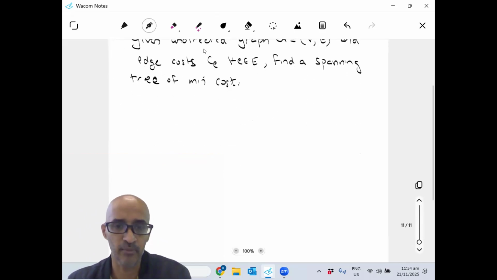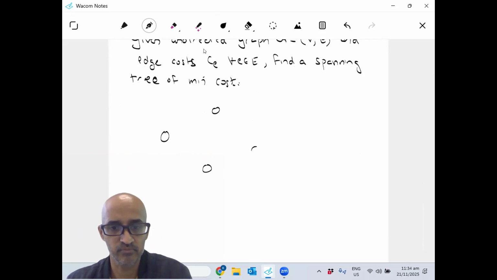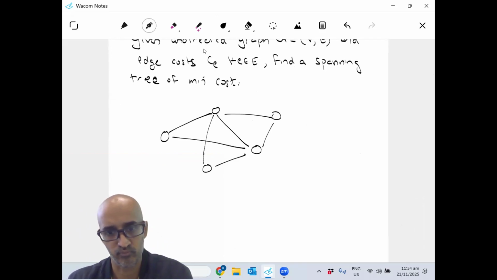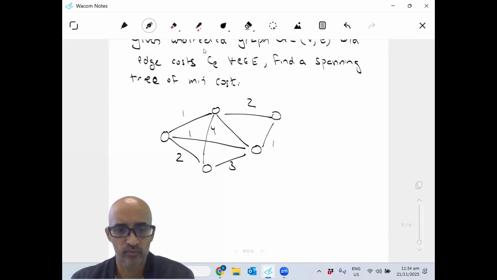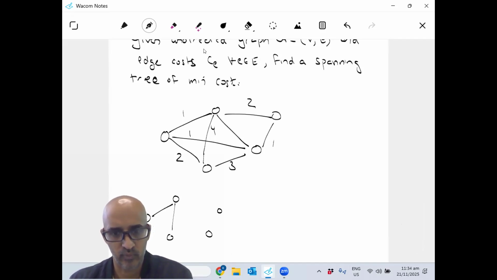For example, let's say this is a graph, and let's say there are some costs. One spanning tree on this graph is that.